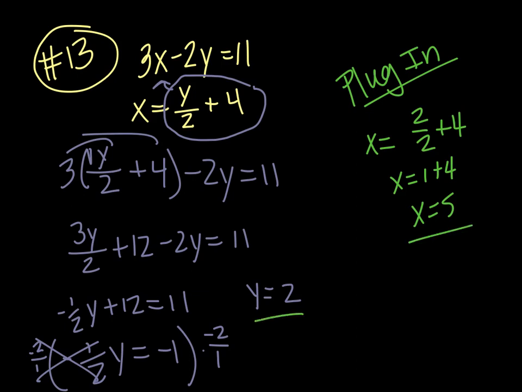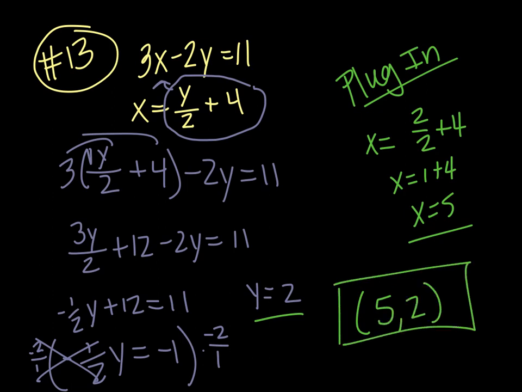So our ordered pair, our solution to our system here, our intersection point, is going to be 5, 2. Our point of intersection. So if you see POI, that's what that means. Point of intersection, where your two equations would cross, the solution to both of them.